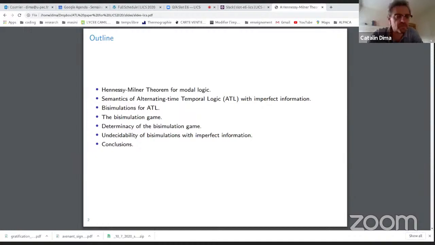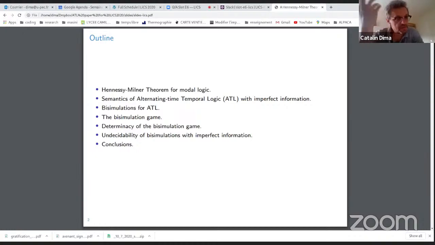So there's a notion of bisimulation for ATL from the very introduction, but we focus here on alternating temporal logic with imperfect information, which means that strategies employed by agents must be uniform. So they must prescribe the same action for agents in the two histories that are indistinguishable for that agent. In this case, we prove a Hennessy-Milner type theorem, which contains two parts.